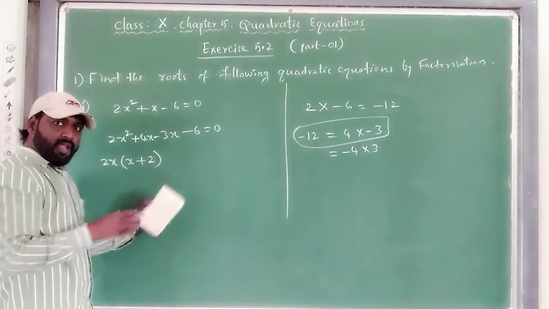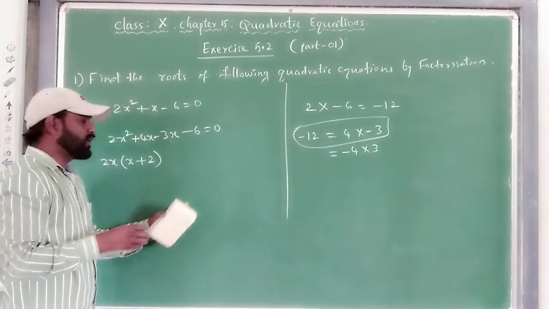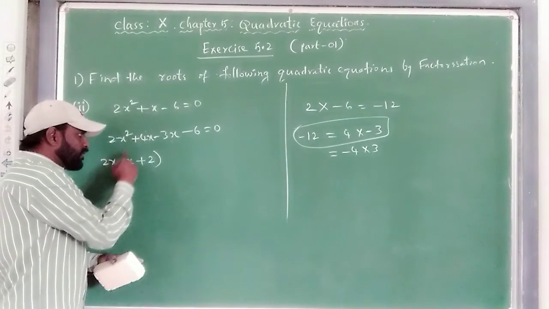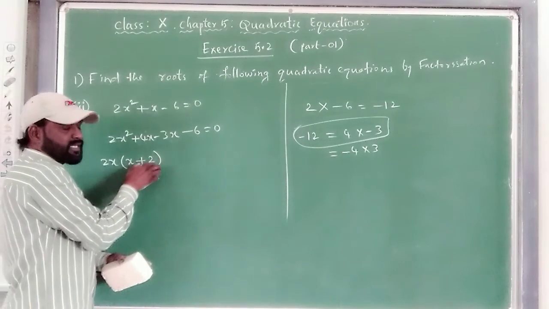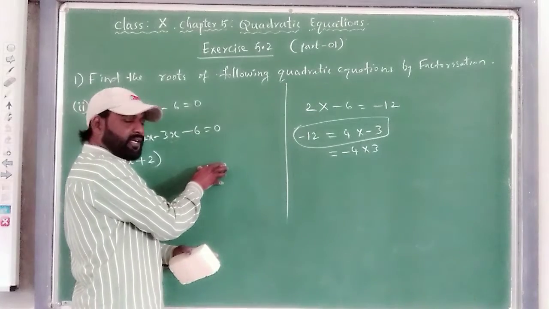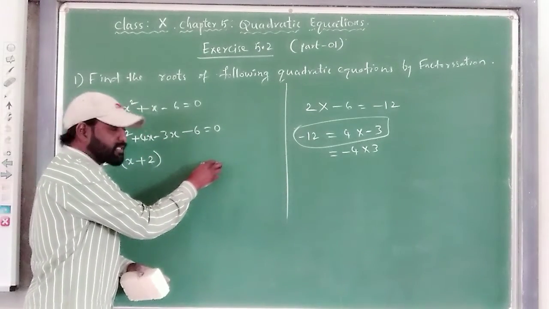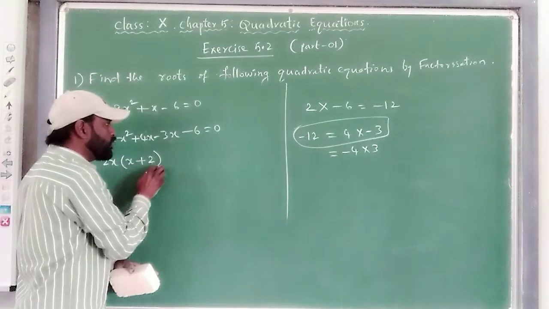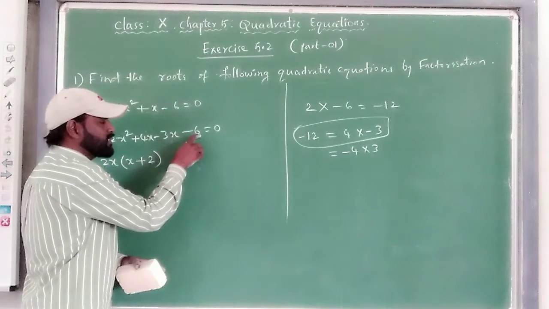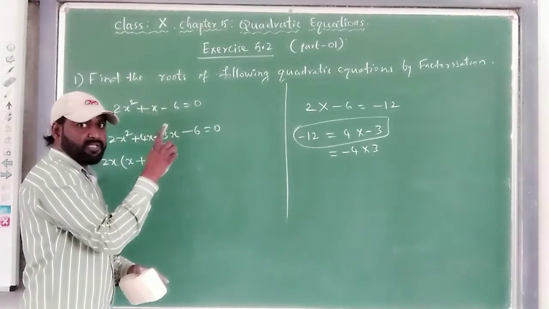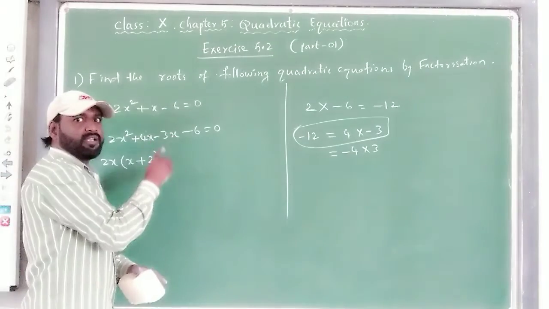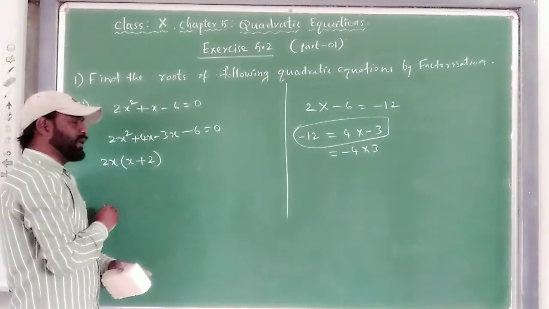Next, I already told you in the previous question, whatever you got in the first bracket, the same thing you should get in the second bracket. In order to get that, what should be taken common? Inside the bracket you should get plus and x and 2. So here 3 is there, here 6 is there. That means you can take 3 common from this, and 3 2s are 6.